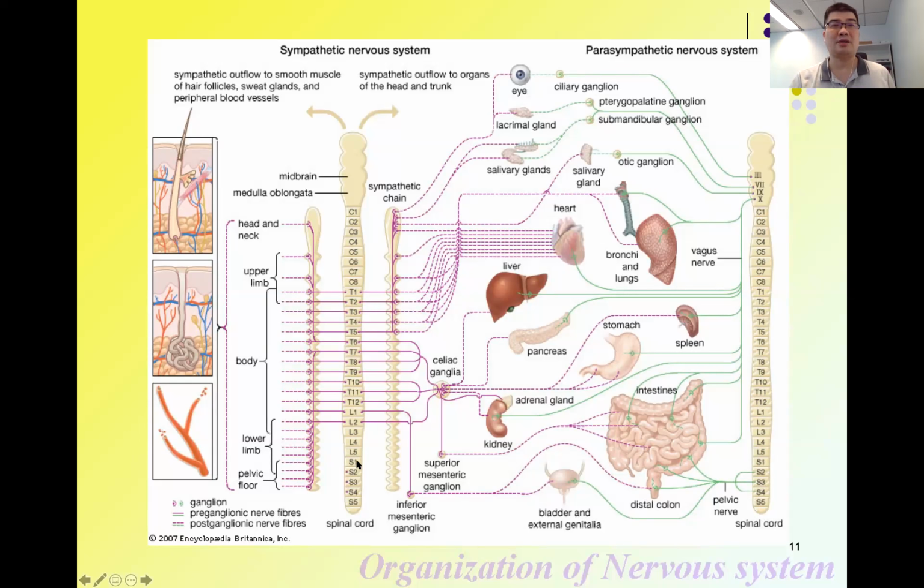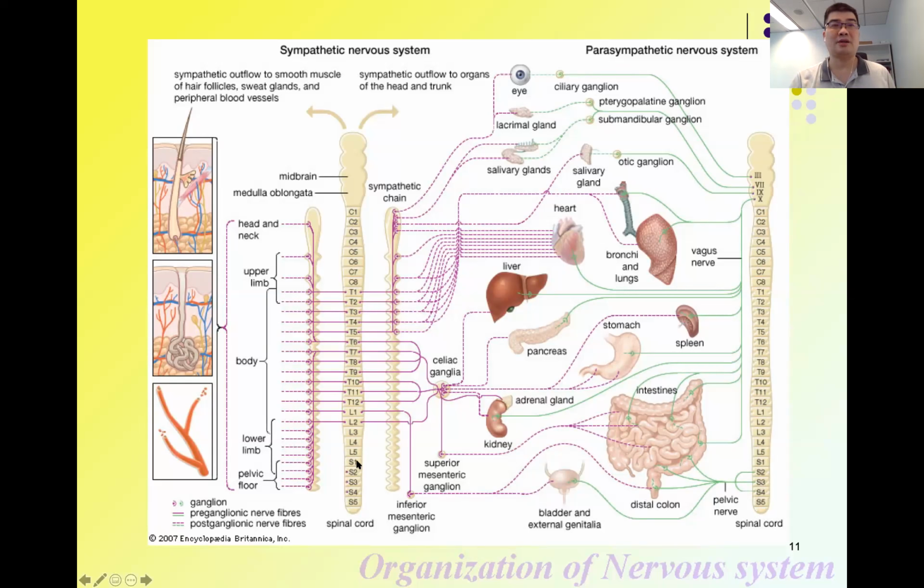Now, if you still remember, do you remember which is number 10? What cranial nerve is it? Yes, vagus nerve. Very good. Now that controls a lot of visceral organs: the heart, the spleen, the stomach, and so on, and the intestine.